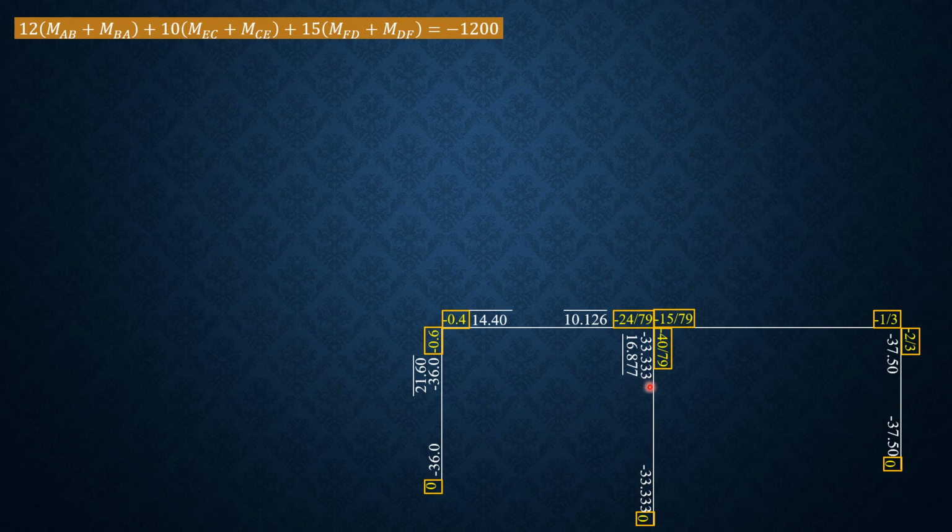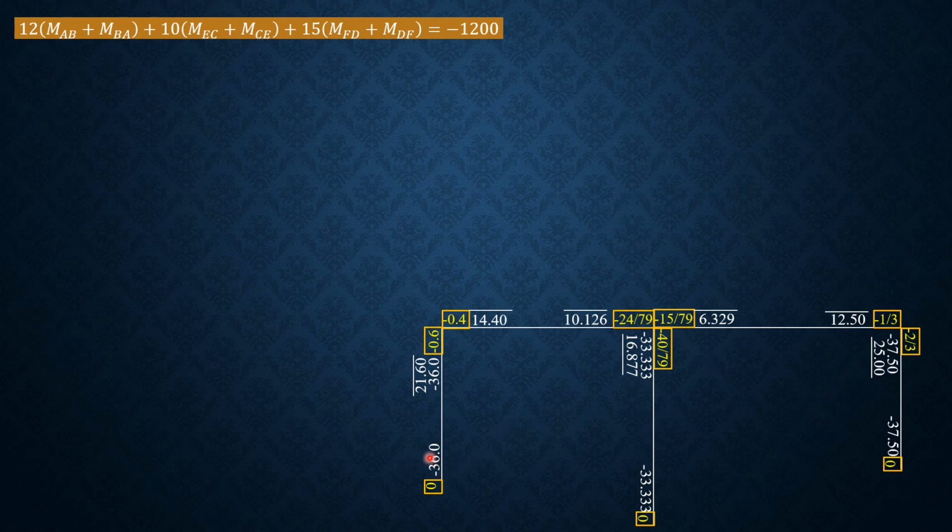Then negative 33.333 times negative 15 over 79, 6.329, lock. Negative 37.5 times negative 2/3, positive 25, lock. Then negative 37.5 times negative 1/3, 12.5, lock. So carry over.